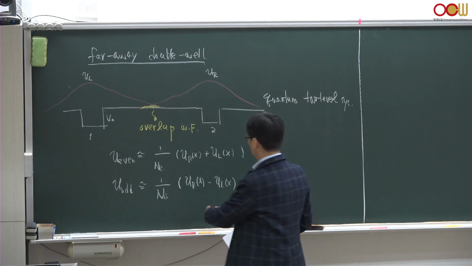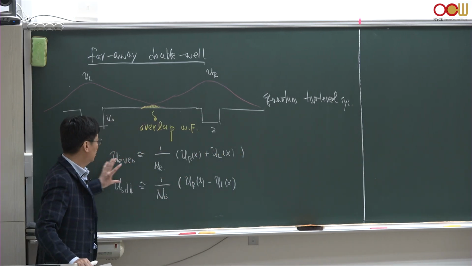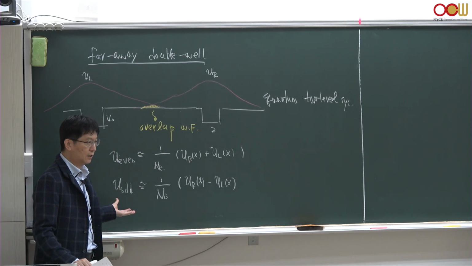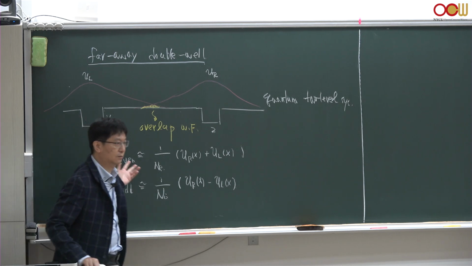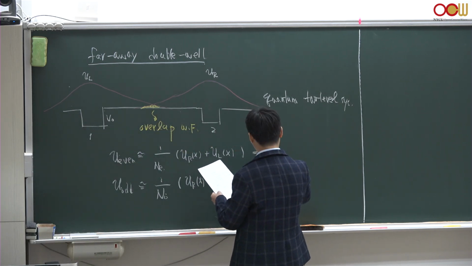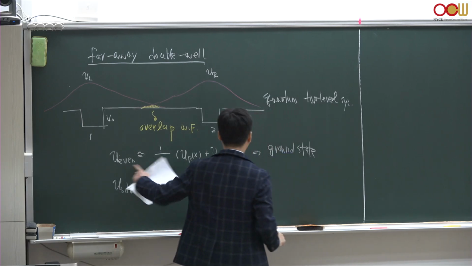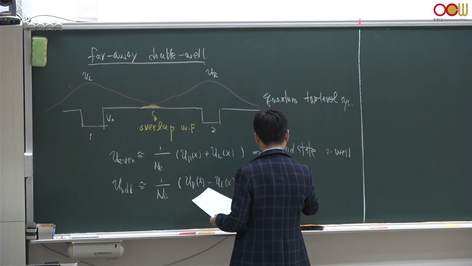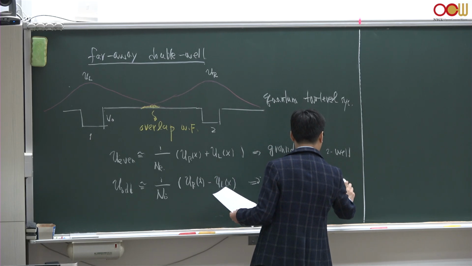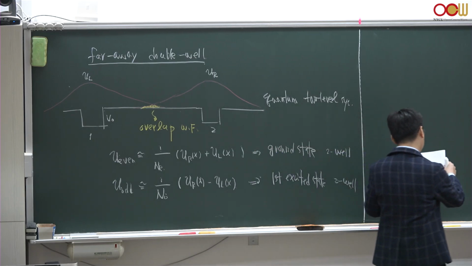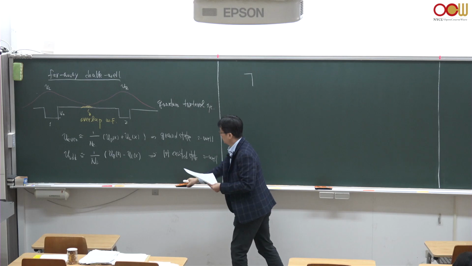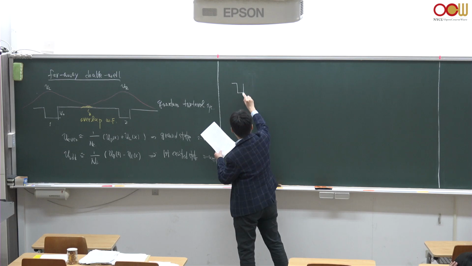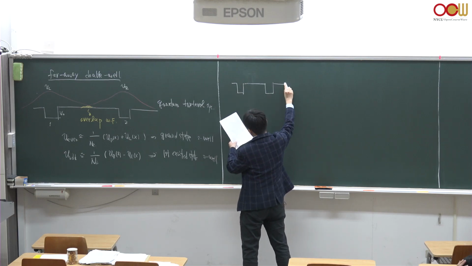By forming this even and odd combination of u_R and u_L, we can make the ground state and the first excited state of the double well problem. u_even is the ground state of the double well, and u_odd is the first excited state. So let me sketch the ground state and the first excited state wave functions of the double well based on this construction from the single well ground state wave functions.